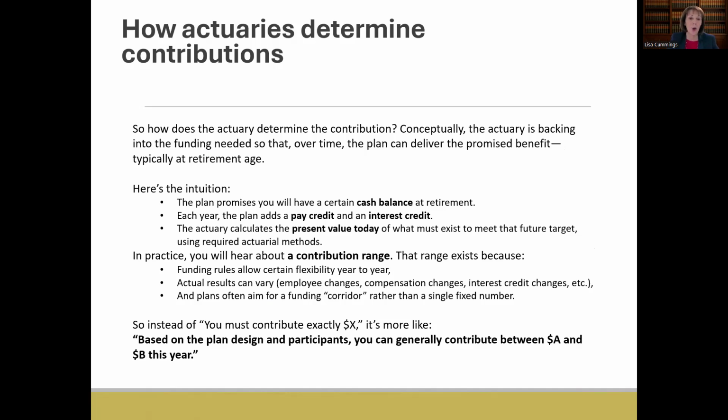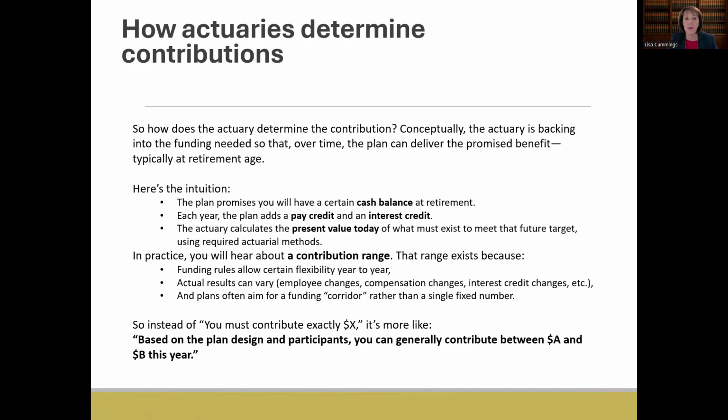That employer contribution range exists because funding rules allow a certain amount of flexibility year to year, and also actual underlying investment results can vary based upon employee changes, compensation changes, interest credit changes, and so on. And then also the plan often aims for a funding corridor.